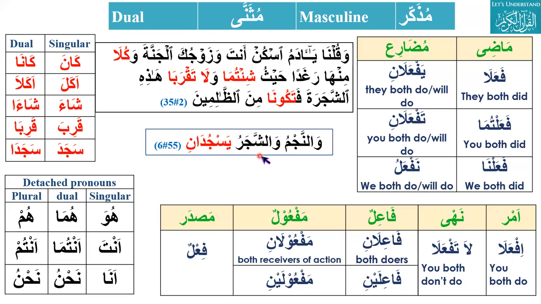Qaul. Thank you. Okay. If you fit here sajada, the dual will be sajada, and here it will be yasjudu. So we have to take care about that zabar pesh. سجد سجدتما سجدنا يسجدان تسجدان نسجد.